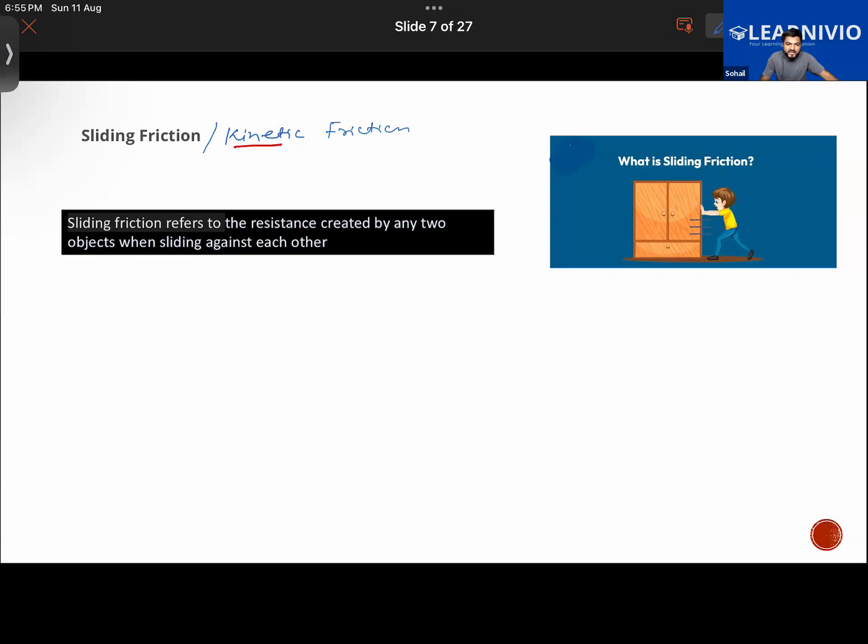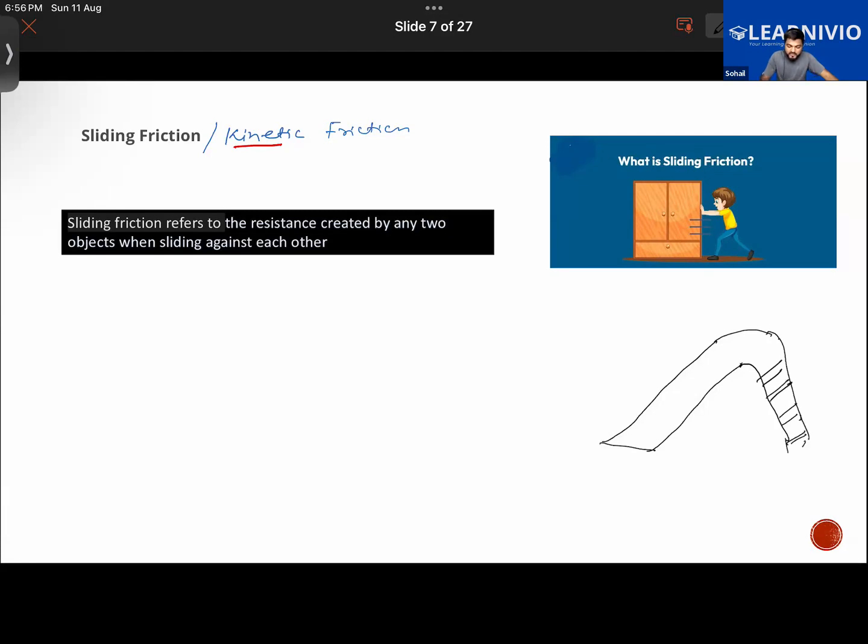And we have several daily life examples of sliding friction. For example, in the playground, particularly in schools, there are slides.